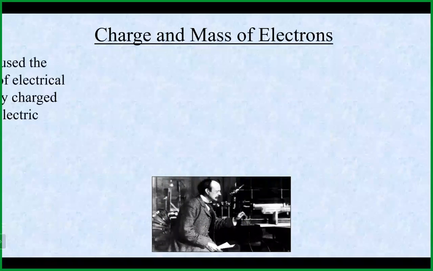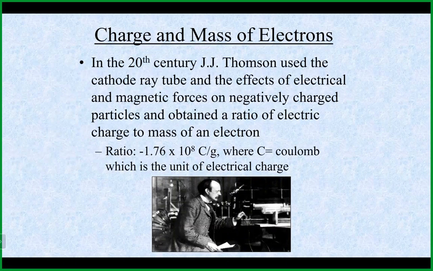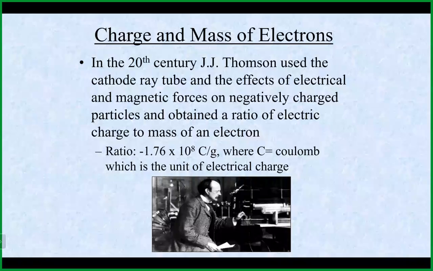next time. So one of the earliest experiments done to help us understand the electron was done by Thompson. And Thompson used the cathode ray tube. There he is with his cathode ray tube in front of him. Basically what he was able to discover was the charge to mass of an electron.